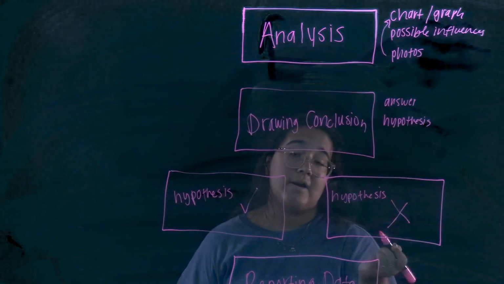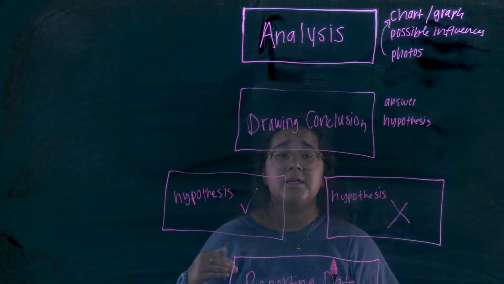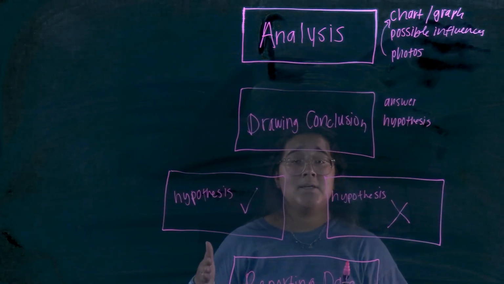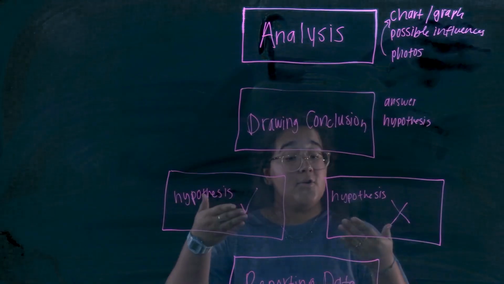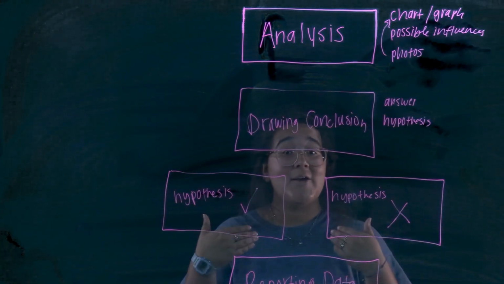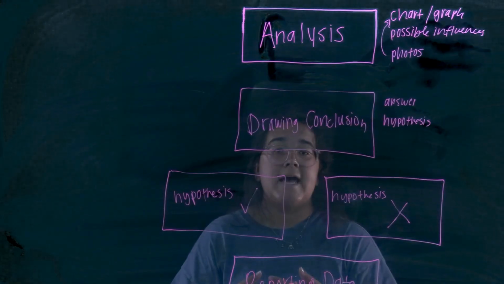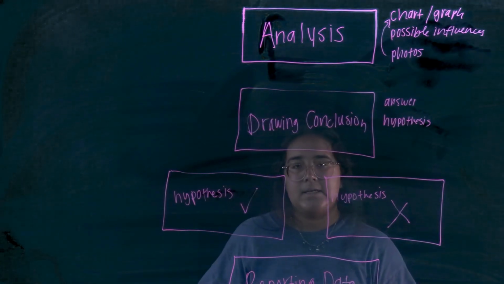So, going back to our apples. If your hypothesis was correct and lemon juice truly did keep the apples from browning the longest, great. Now you're going to put that in your report and you're going to let me know. And, you know, maybe you can even report that data to family, friends, depending on what your experiment is.